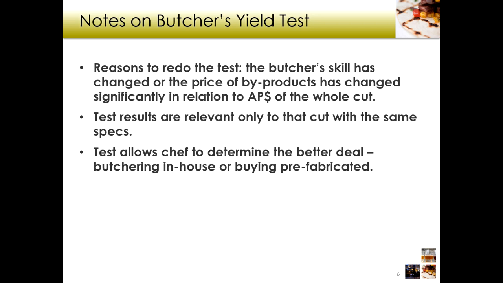And the test allows the chef to determine the better deal. Are we going to buy the whole turkey and use those breasts for our clubhouse and then use the legs and the thighs and the carcass elsewhere in the kitchen? Or are we just going to buy the turkey breast raw from our supplier, already pre-cut and pre-butchered for us? It's going to cost us more for that, but maybe we don't have the use for those other byproducts in our kitchen. Maybe we don't have the space or the skill to process it.